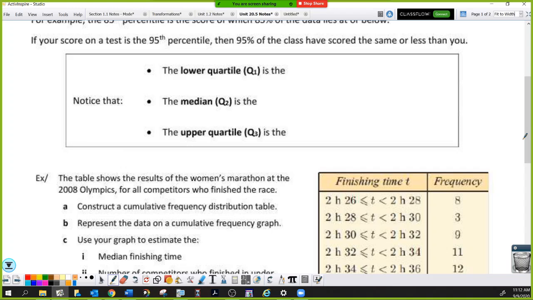The lower quartile, Q1, is the 25th percentile.